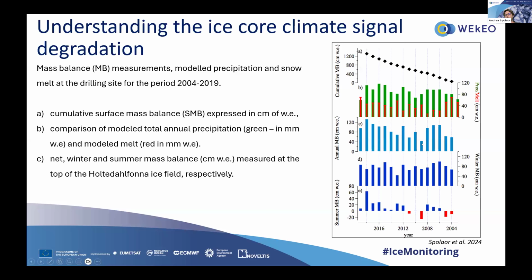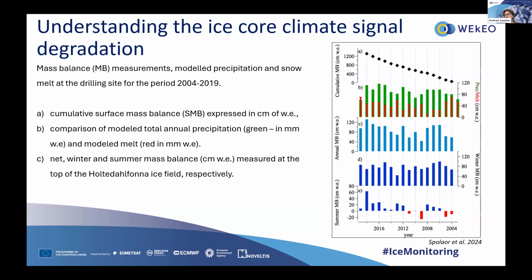So how much mass the site gains through the year. And we see an increasing accumulation of mass at the site, where also during the summer we could have positive mass balance. So also during the summer we have a kind of increase of snow mass.